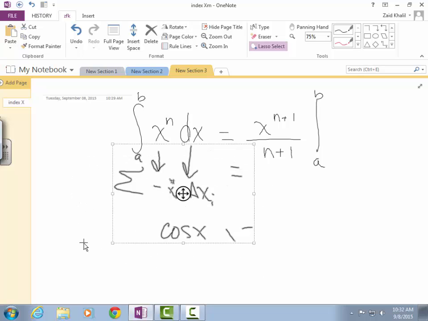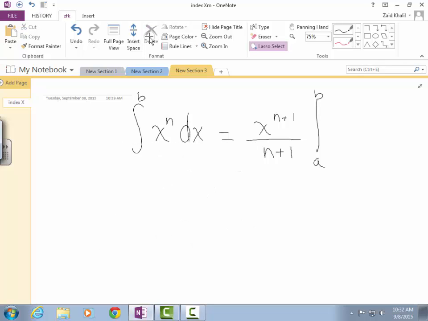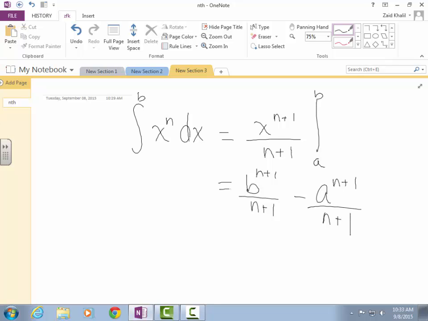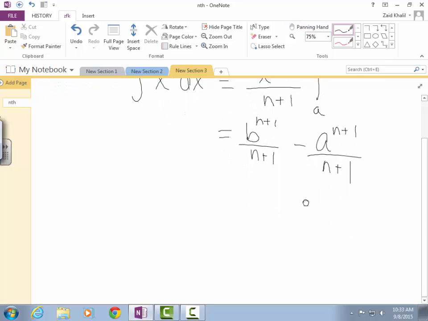What does that right side equal? In other words, this is going to be b to the m plus 1 over m plus 1 minus a to the m plus 1 over m plus 1. I'm going to be explicitly saying this, because I don't think there's a single case where we deal with an indefinite integral.